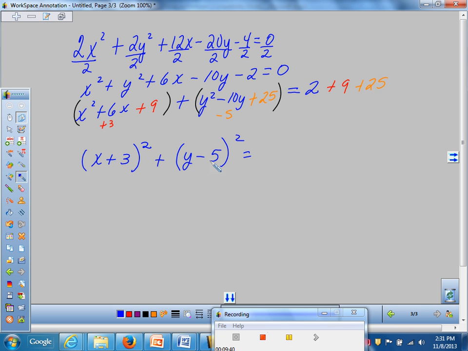And then you add up over there, and did I give you a good number or a bad number? 36. I gave you a good number. So what's center? So the question is to change the signs or not to change the signs? Yeah, change the signs. So negative 3, positive 5. And the radius is just the square root of 36 or 6.